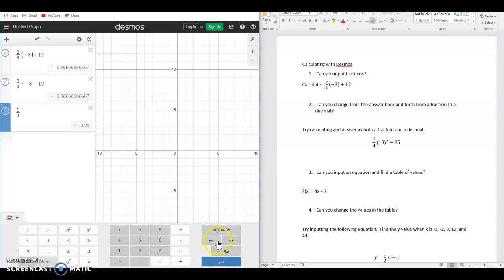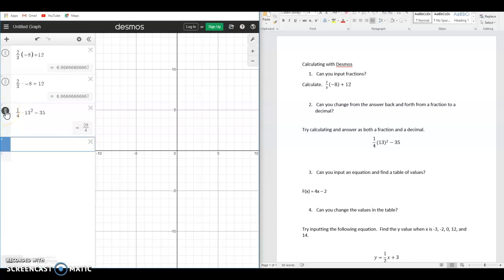Make sure you're always moving out of the exponent, times 13 squared minus 35. You can put equals if you want, or use the enter button. That's really to show that you're done. And again, can you change that back and forth? Okay.